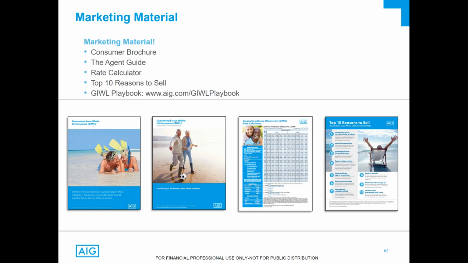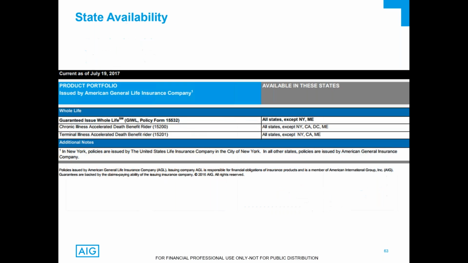A great resource for you guys to begin to get information on your own about the product. Hopefully this training gave you a lot of the information that you were looking for. But again, this is a great resource to go out there and to reinforce some of the things you might have learned today.